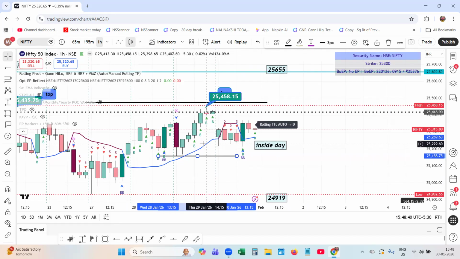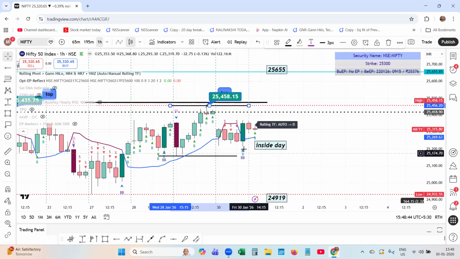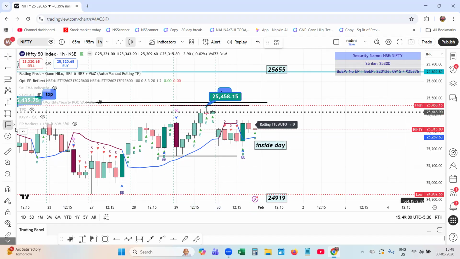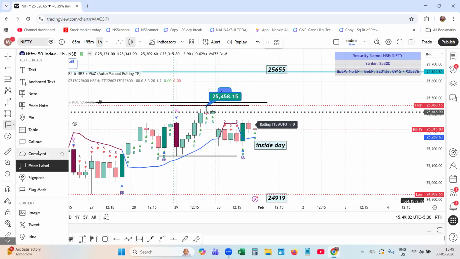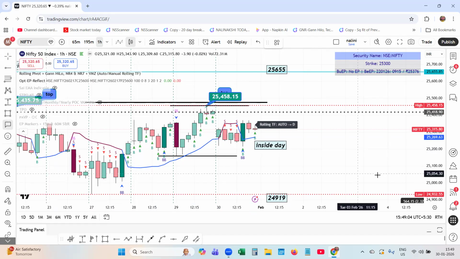Within this range, the market gapped down. If the market gaps down within the previous day range, that is an area gap. You must know that those types of gaps are area gaps.